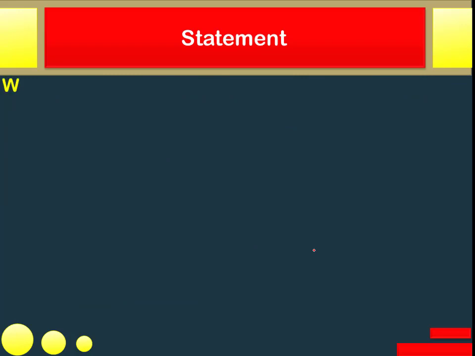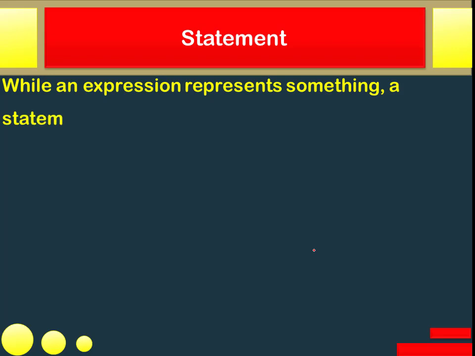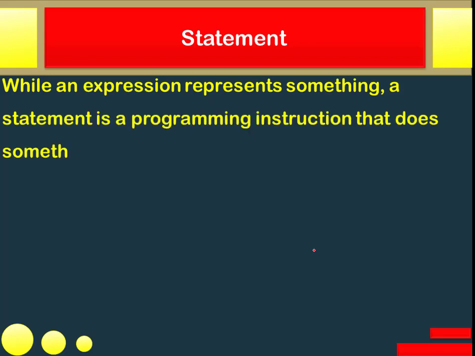Now we'll learn about the statement. While an expression represents something, a statement is a programming instruction that does something, i.e., some action takes place. The expression was a value, maybe a single value or a combination with some symbols, but a statement is something that the program has to execute.